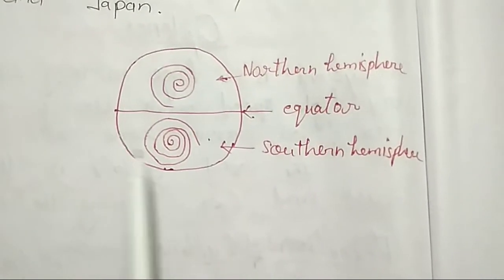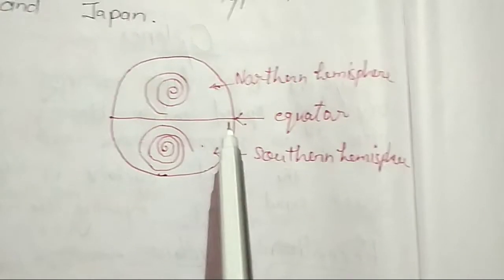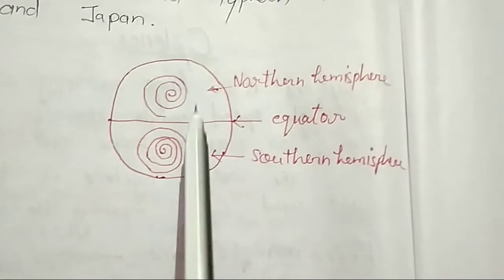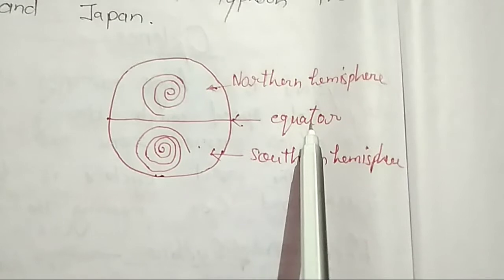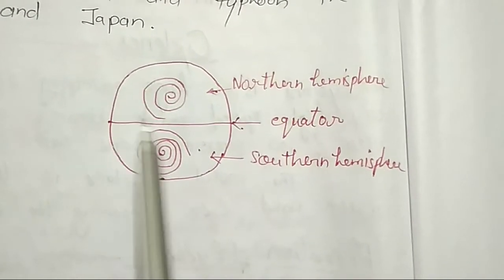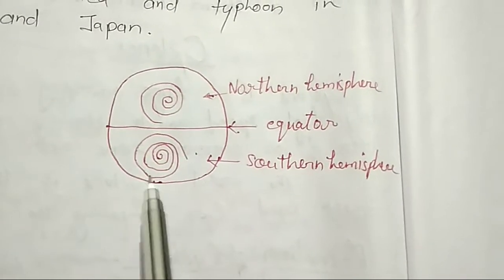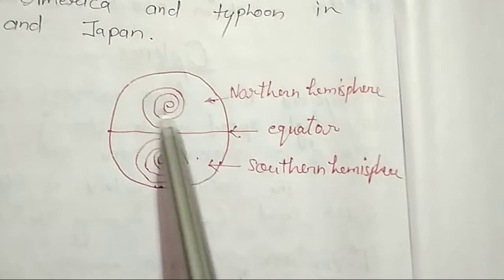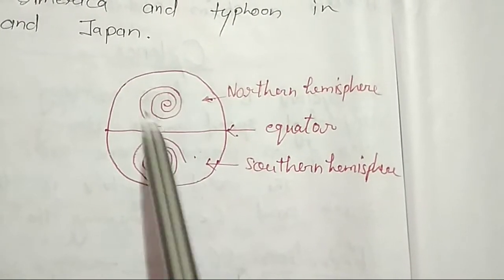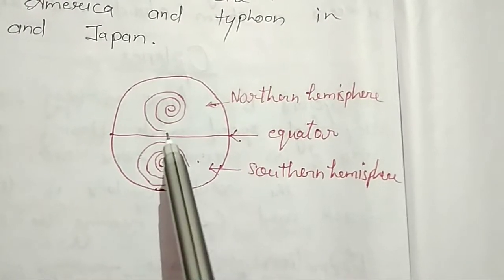Suppose this is the diagram. This circle is showing the earth. This line that is dividing the earth into two equal parts is known as the equator, and this part is known as the northern hemisphere, and this part is known as the southern hemisphere. So in the northern hemisphere, the cyclone rotates in the anti-clockwise direction.